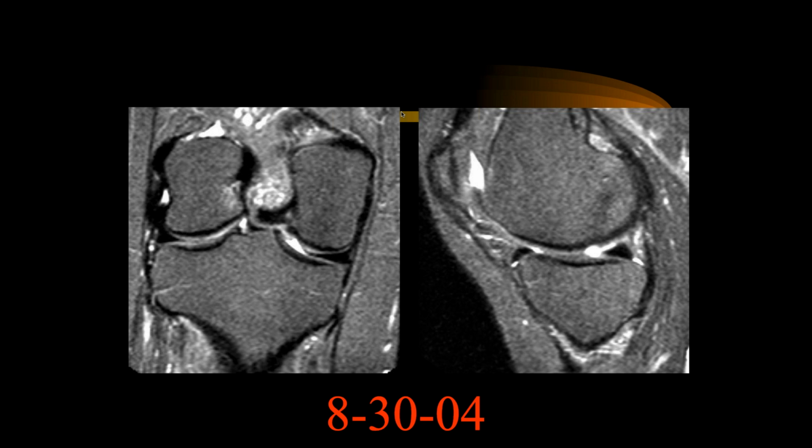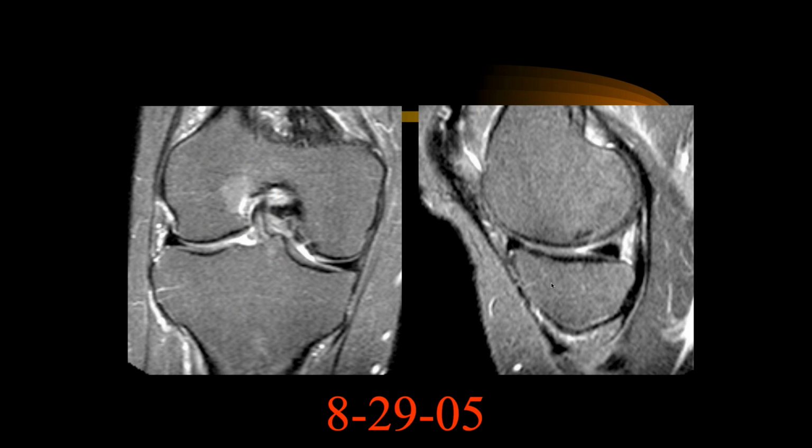Ashley, what do you think of this case? So we see that there is a focal defect of the medial femoral condyle, a grade 4 chondromalacia, posteriorly there. This is on 8/30/04, and this is on 8/29/05, a year later.